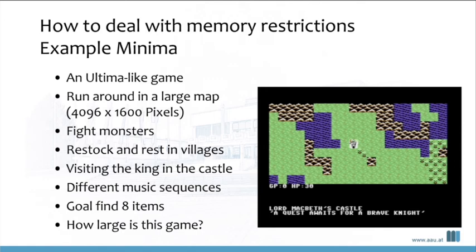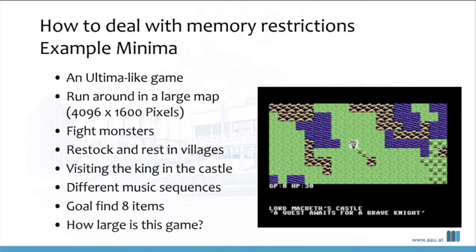And also in Minima, you run around in a large map. I did the calculations. It's around 4,000 times 1,600 pixels. So basically something that would even exceed a 4K display by a couple of pixels.